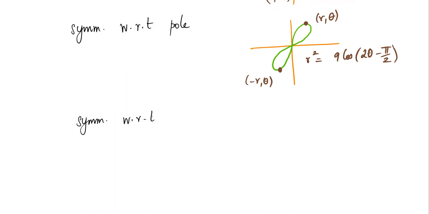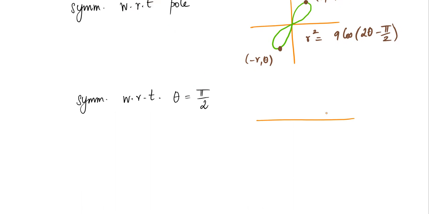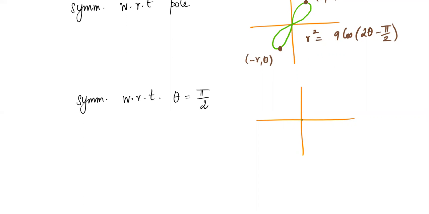Symmetry with respect to theta equals pi over 2. This looks like this. I don't know, it somehow reminds me of a tomato.